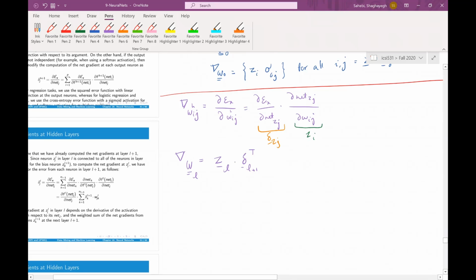So this is also a generic formulation. This is the output of the layer, and this is the net gradient of the next layer.